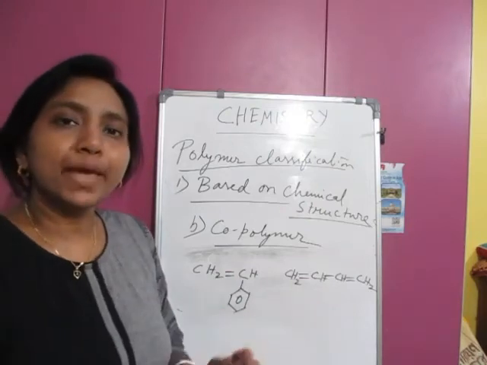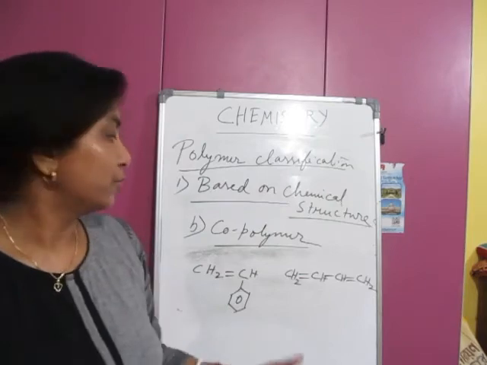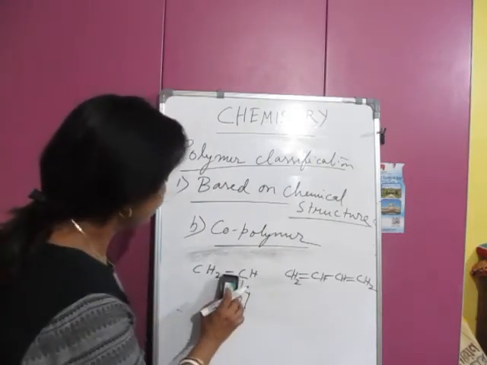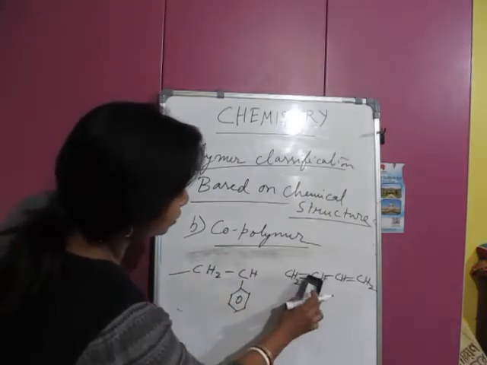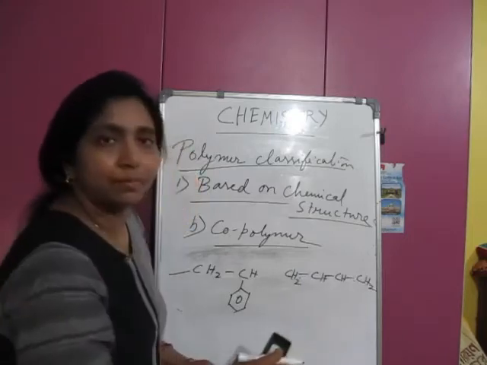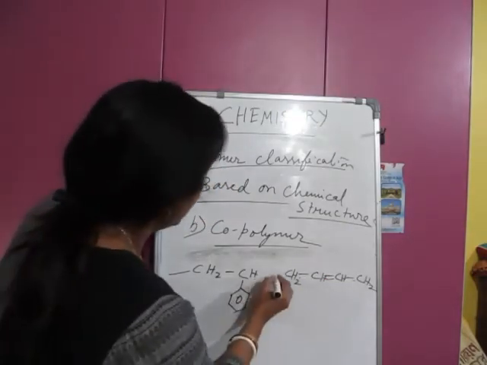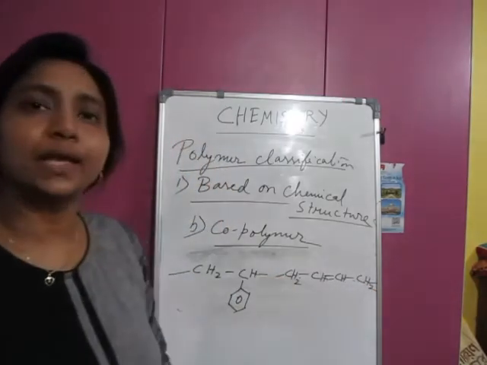Now to make the repeating unit, I told you first of all you have to remove the double bond. Here also we remove the double bond. So we get a double bond in between. Now this is the repeating unit.